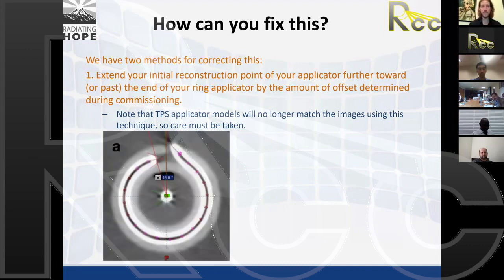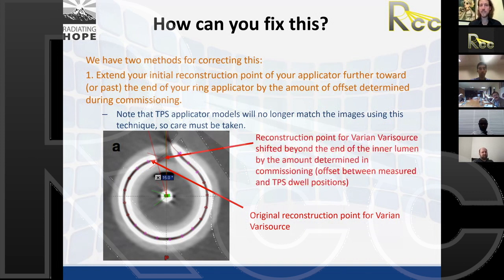So here's what I mean. So here is the original reconstruction point for a Varian system, and they've commissioned it, and they've decided to put their first reconstruction point shifted beyond the inner lumen by the amount determined in commissioning. Again, this distance is the offset between measured and TPS dwell positions.